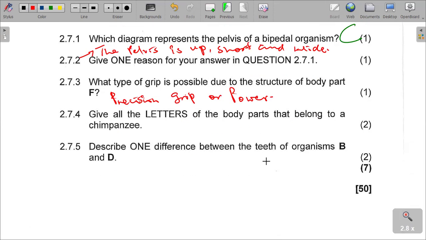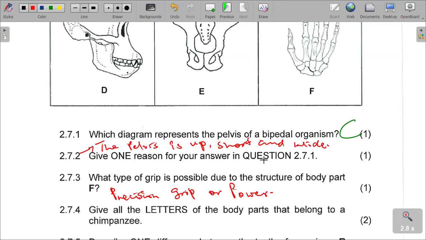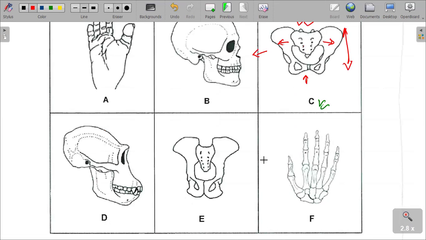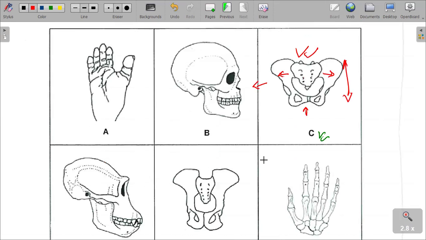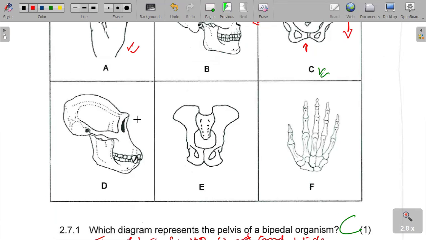Because of the opposable thumb. And then give all the letters of the body parts that belong to a chimpanzee. All the body parts that can represent a chimpanzee. We can have A can be okay, B cannot be, C cannot be, and then we can also have D as well as E, which is also quadrupedal.